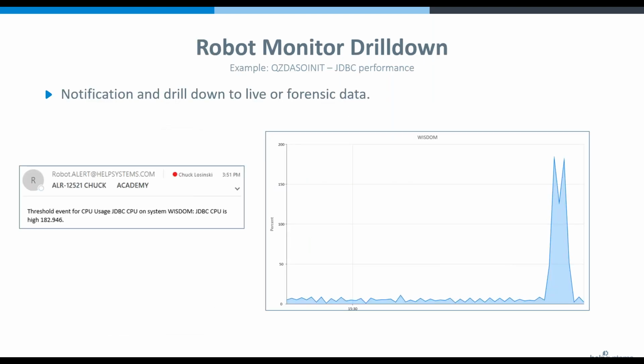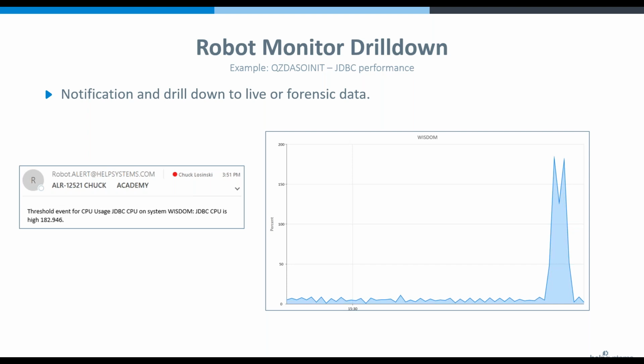All right, so with the live monitoring comes the drill down capability. So here's the scenario. You're notified, maybe via Robot Alert, that your JDBC workload has hit a high in terms of CPU utilization.